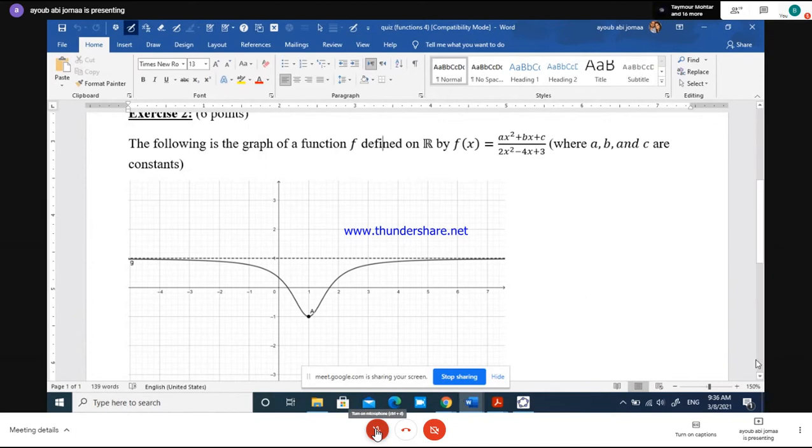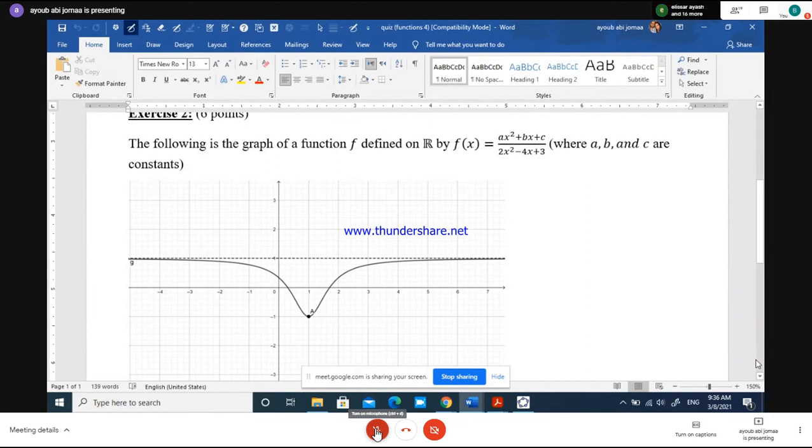You have this dotted line, the horizontal asymptote, y equal 1. The graph decreases to the minimum here at point A, having coordinates 1, -1, and then increases to the horizontal asymptote. Please draw the graph and write the statement of the question. You have the following function.